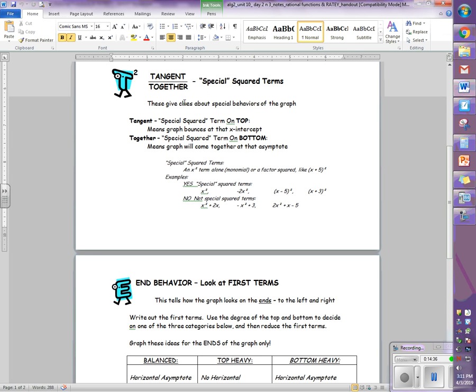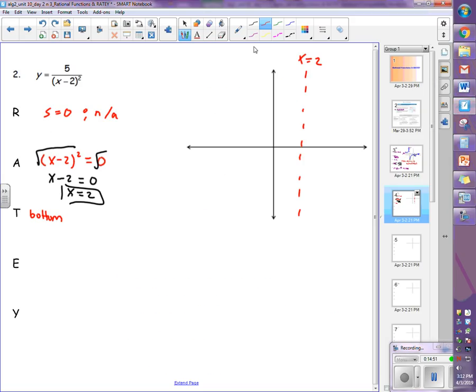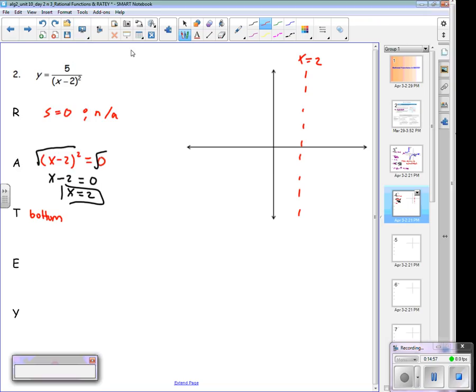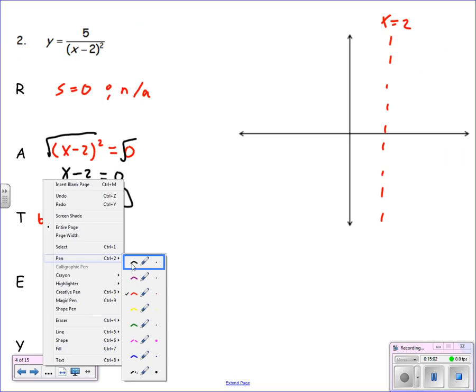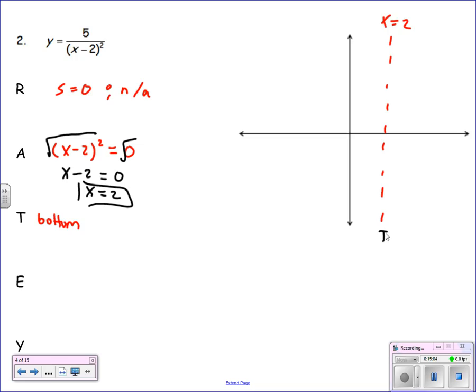When I have a special square term on the bottom, that means the pieces will come together at the vertical asymptote. So, gotta remember that it's going to come together. So I usually will put a T by my vertical asymptote to remember that it's going to come together.